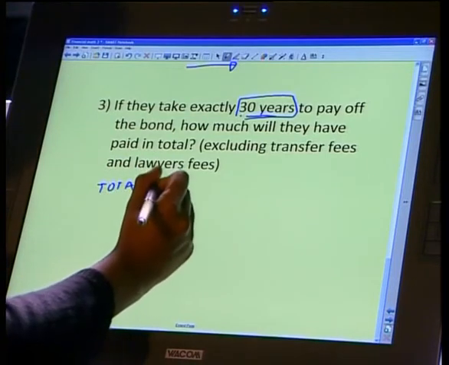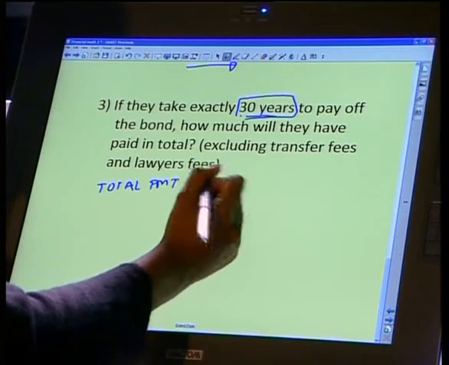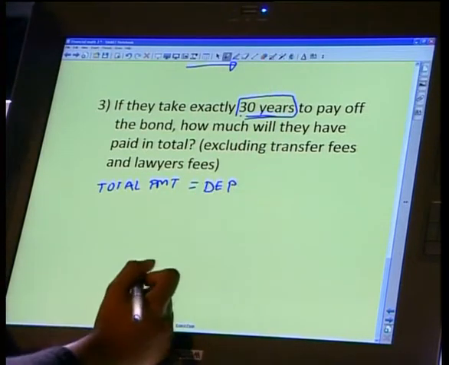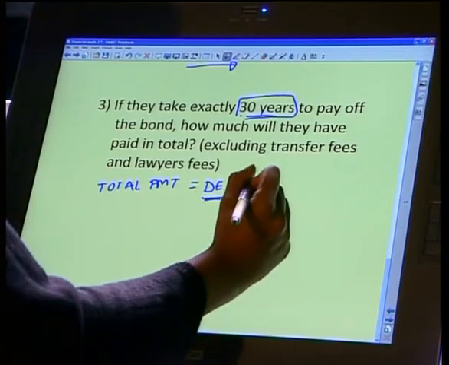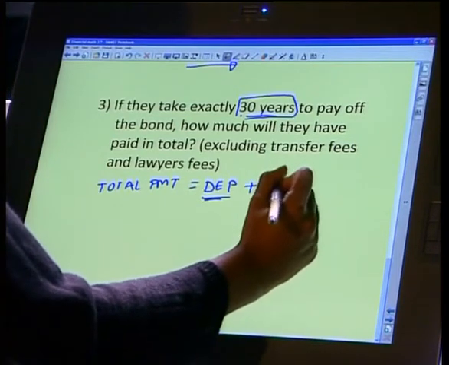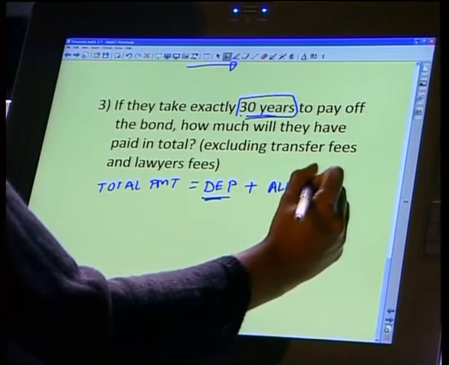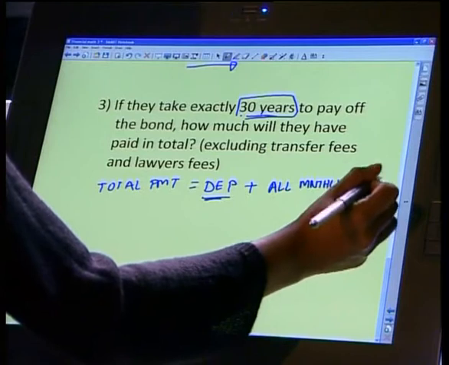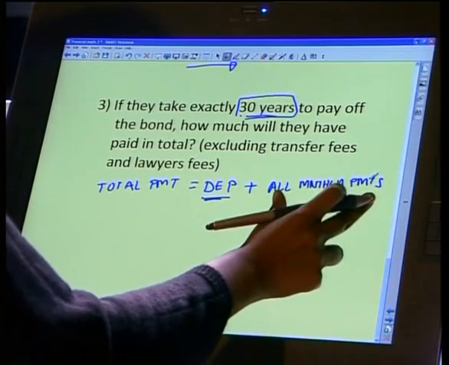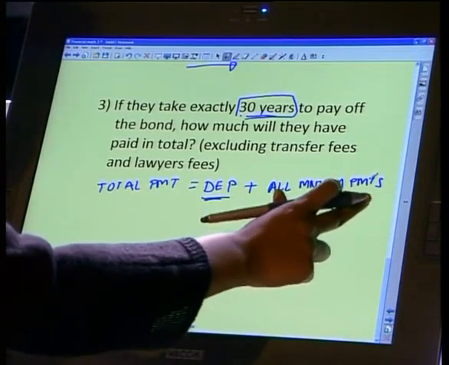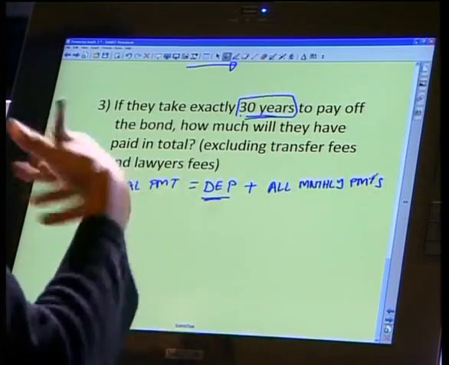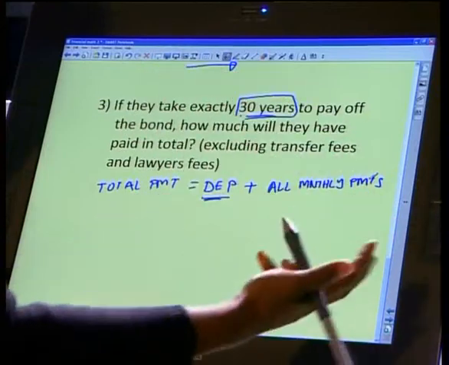It's not just going to be the monthly payment, it's also going to be the deposit, because remember they paid that in cash. That deposit that they paid plus all of the monthly payments. So we've got to add up everything that they pay over the life of this loan of 30 years and add that to the initial deposit, and that will tell us how much they're actually paying in cash.